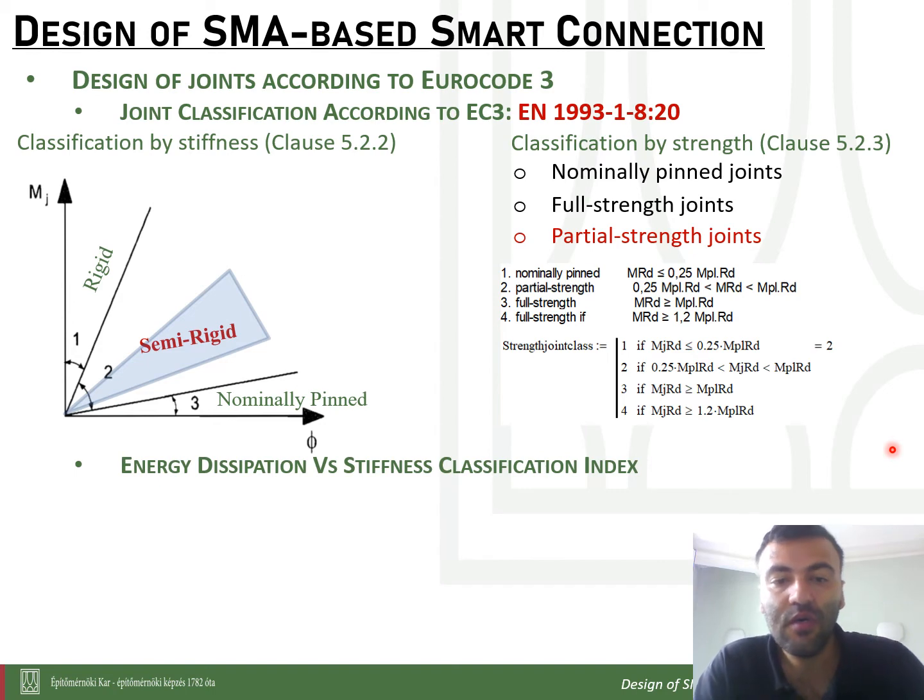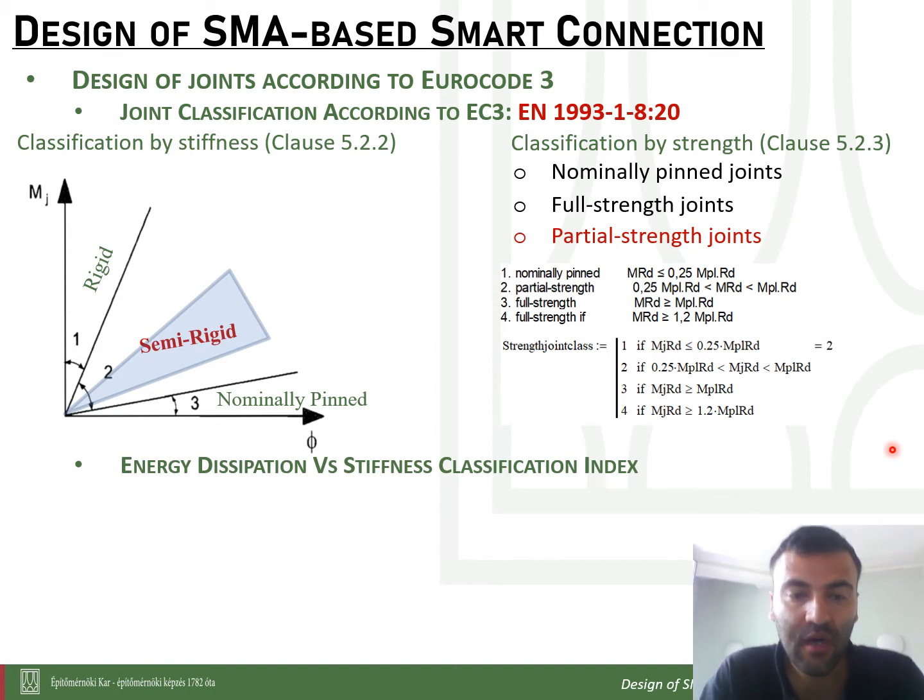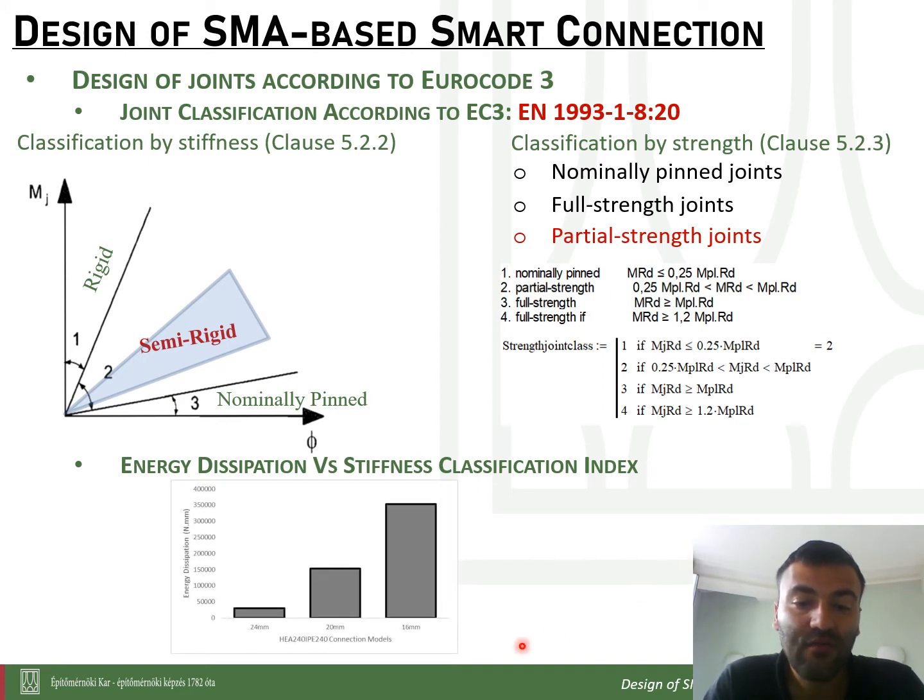In order to understand more about the energy dissipation and stiffness classification index and the effect of the bolt size on these two factors or results, we have found that increasing the bolt size leads to increasing the energy dissipation, which is equal to the area of the force deformation diagram.